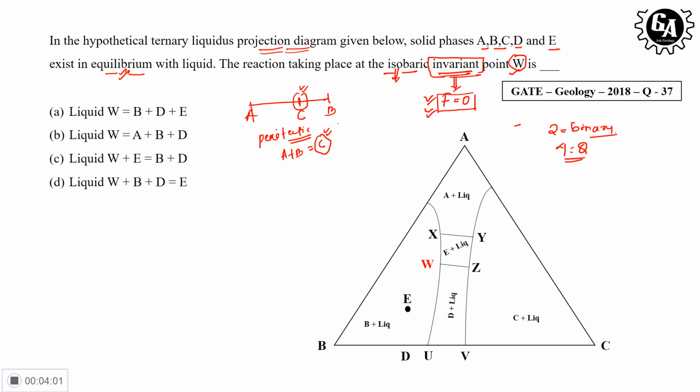If we write down A plus C is equal to B for this reaction, then we have A and C, but B is falling outside.